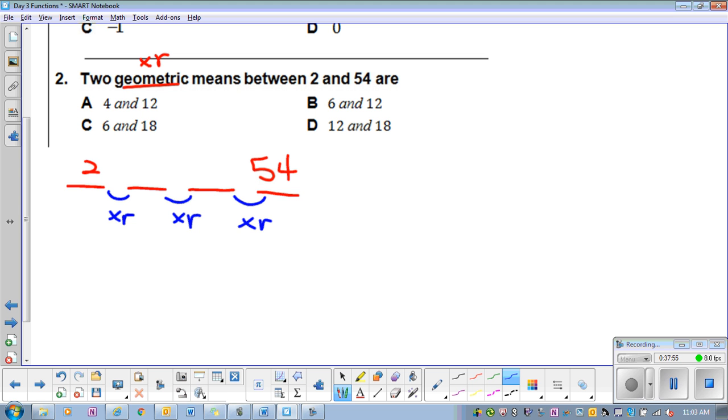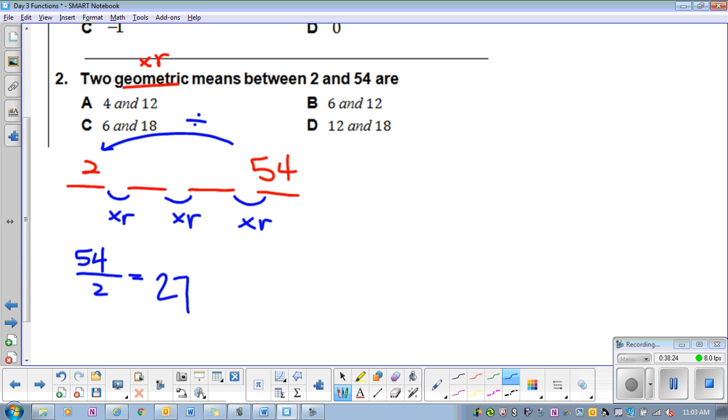Since they're multiplying, well, when I go from the back, let's see, 54, you have to divide. Since you're going backwards, you gotta divide, right? What's 54 divided by 2? 27. What's r times r times r? R to the what? Good.